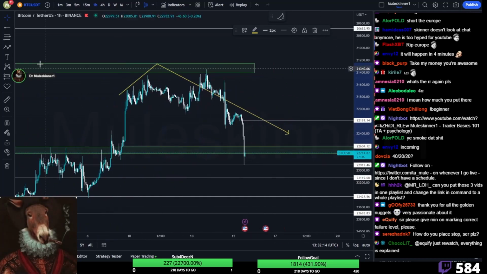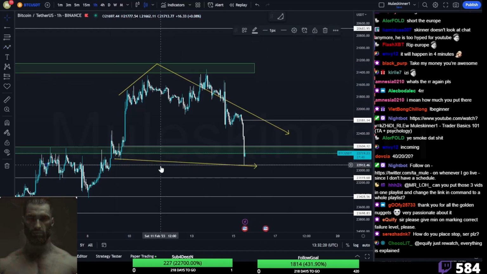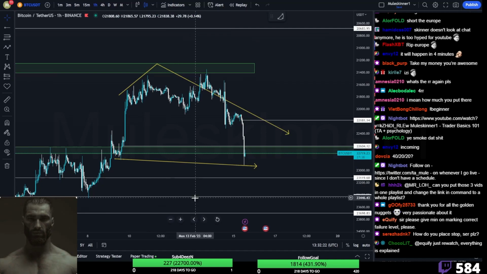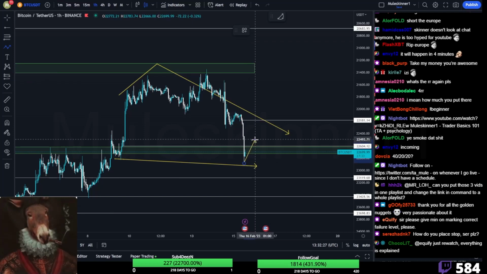Now, because we've already made a new local low, lower than this low, what are you looking for it to do? You're now looking for it to potentially go up and retest. Because why?